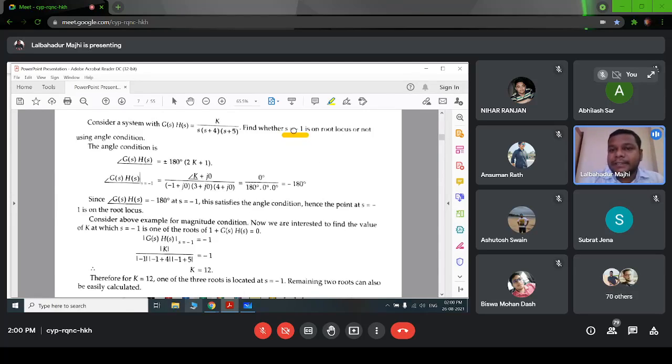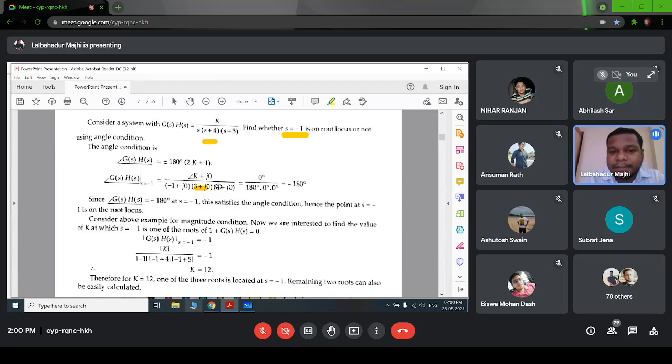So at s equal to minus 1, we have to check whether this transfer function satisfies the angle condition or not. We put s equal to minus 1 in this transfer function. So k plus j0 divided by s equal to minus 1, so minus 1 plus j0 and s plus 4. By putting s equal to minus 1, we get 3 plus j0, and s plus 5 gives 4 plus j0.